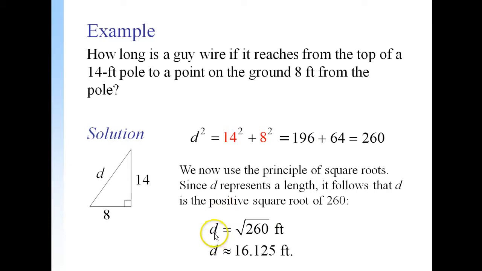Well, we have to take the square root of that. So the square root of 260 is approximately, put that in your calculator, 16.125 feet. Often they'll say they want you to round that to 3 decimal places, and that's what you have here.